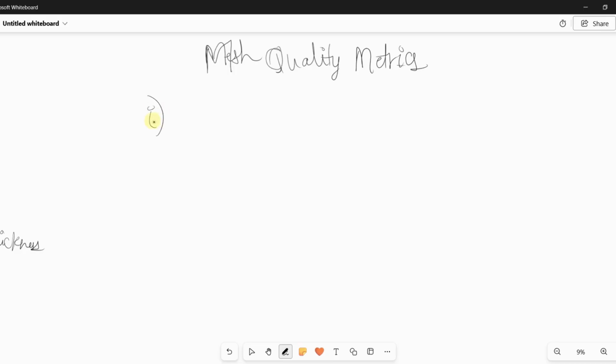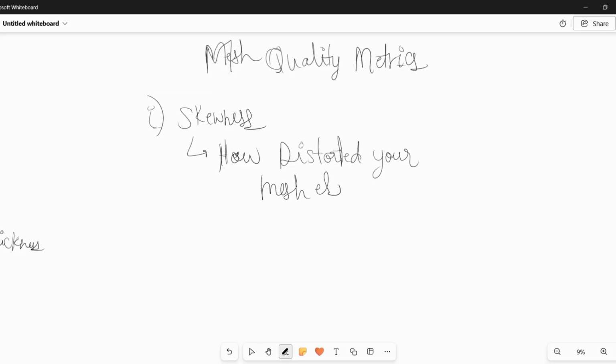So number one is your skewness. Skewness measures how distorted your mesh element is, right? So a perfect mesh would have skewness equal to 0.